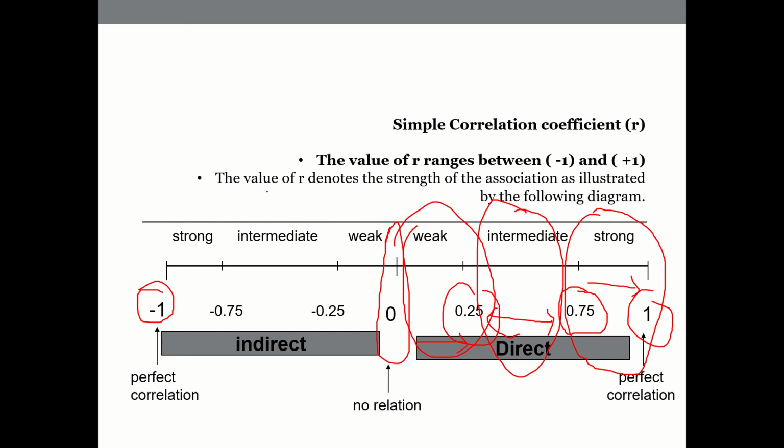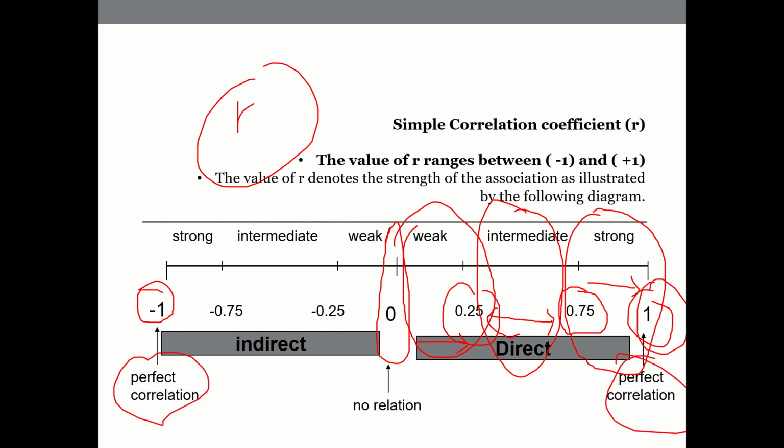Similarly, these are with respect to the R value that we will be calculating. If it is negative 1, that is perfect negative correlation, and similarly if you get 1, it is perfect positive correlation.